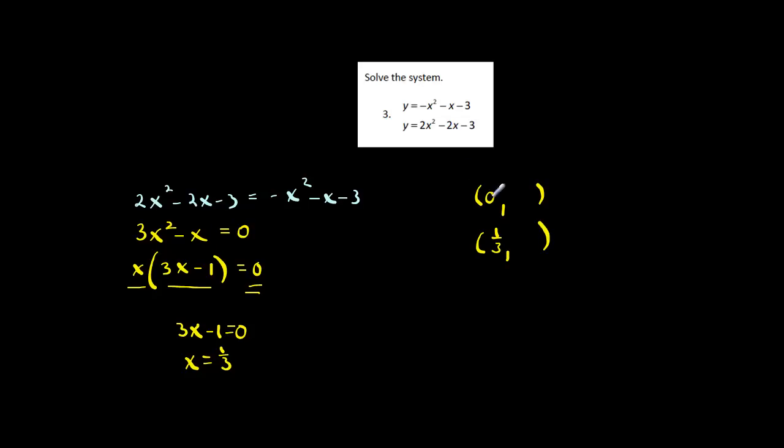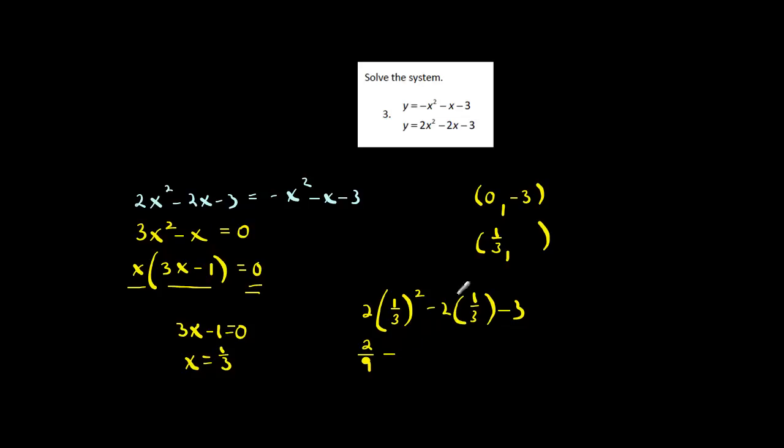So what we're going to do is we put 0 into any one of these. We'll get negative 3, because it cancels this and this term if x is 0, and then 1/3. So let's plug that into the bottom one. So 1/3 squared is 1/9. 2 times a 9th is 2/9.